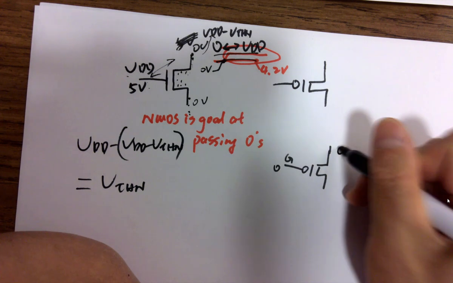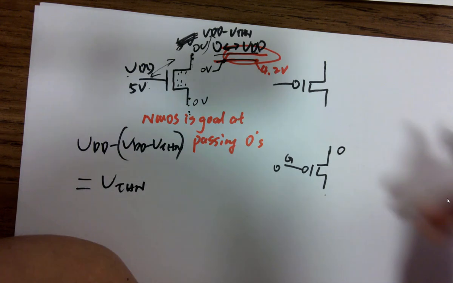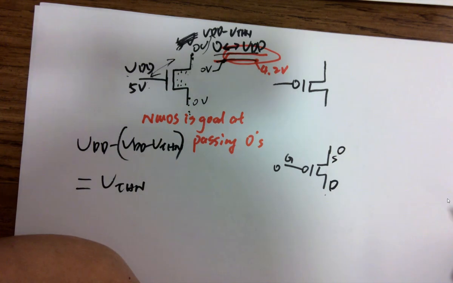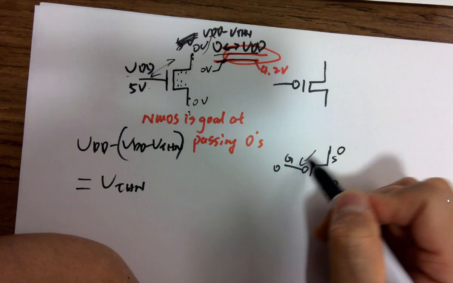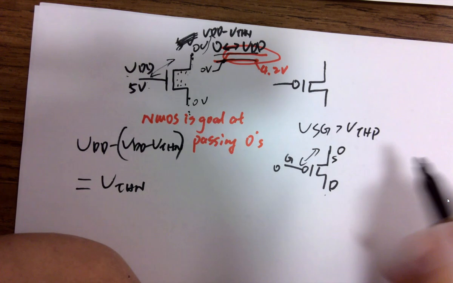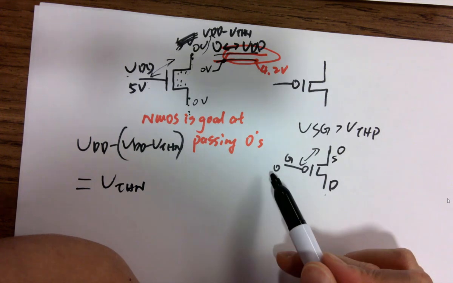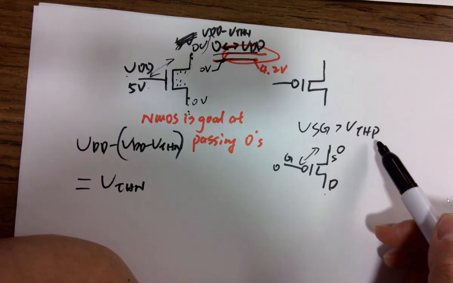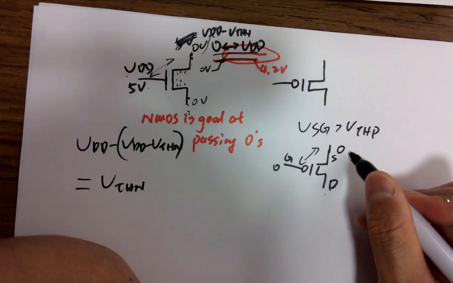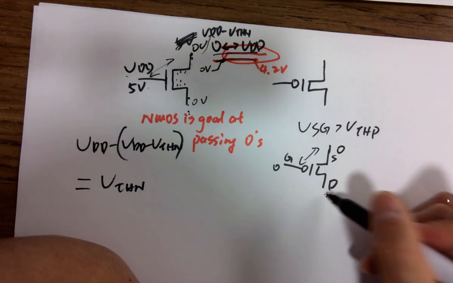And can you pass the 0 to the other side? No, because you need a VSG larger than VTHP. Is it larger than VTHP? No. So 0 minus 0 is still 0. It's not larger than 0.9 volts. So whenever you have 0 volts, it's not going to pass. You are not able to detect the 0 volts here.